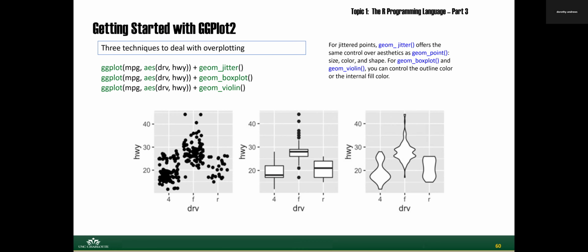But the box plot is showing you that the boxes are not overlapping with the four-wheel drive cars and the rear-wheel drive cars. So this graph is telling me immediately that front-wheel drive cars are statistically significantly different from four-wheel drive and rear-wheel drive cars when it comes to highway mileage.